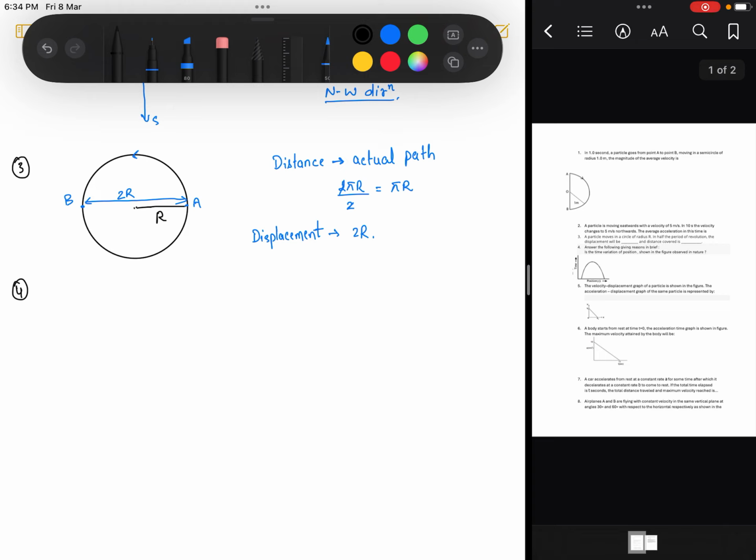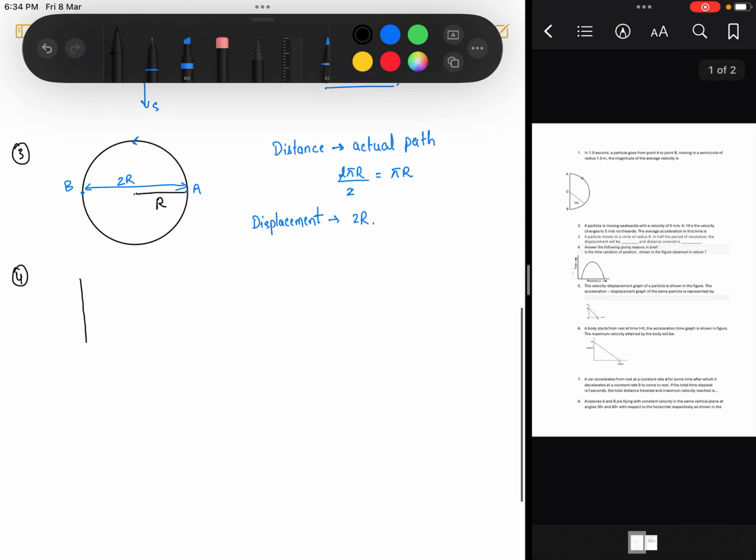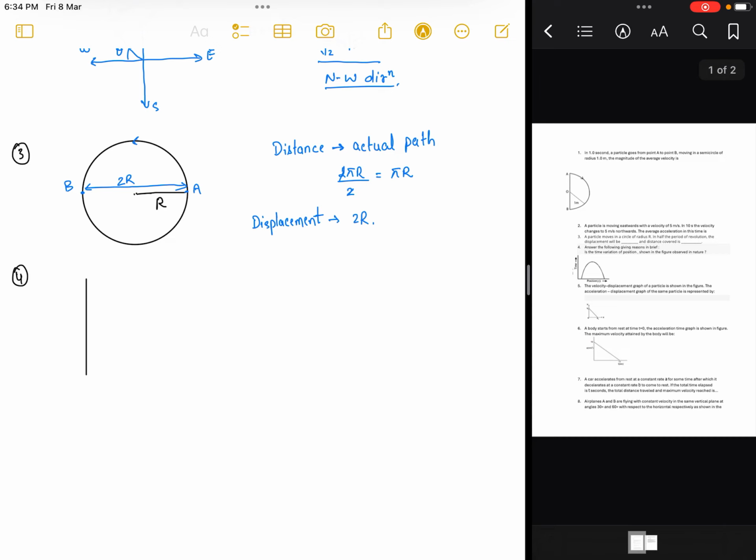Fourth question is what? We have to comment on the graph. A graph is given between the time and position, or distance traveled by the particle. So this is the time and this is the position x.